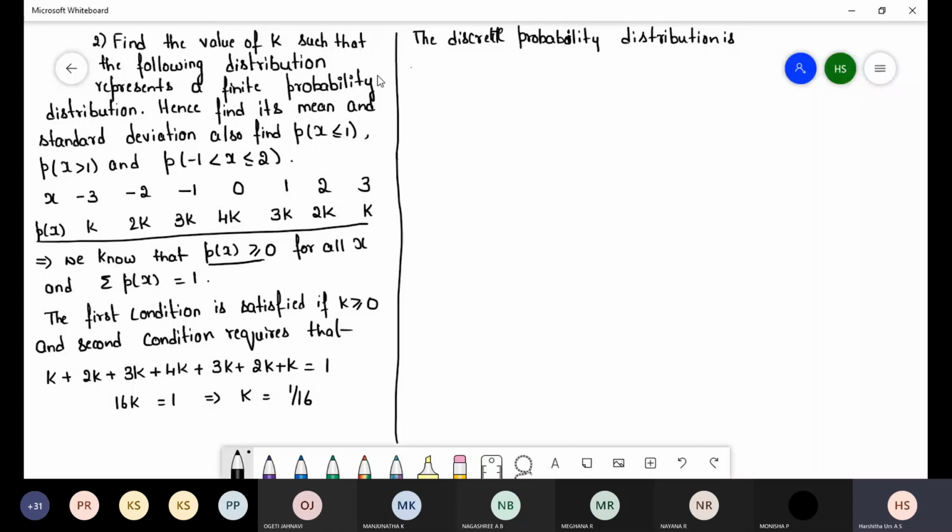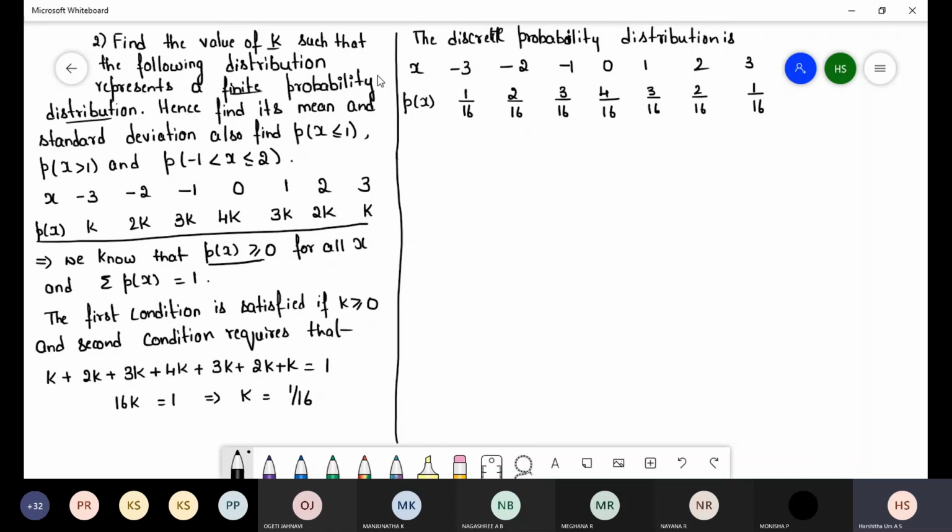The x values stay the same: −3, −2, −1, 0, 1, 2, 3. Only in the P(x) row, wherever k is there, I write 1 by 16. So 1 by 16, 2 by 16, 3 by 16, 4 by 16, 3 by 16, 2 by 16, 1 by 16, because we got k as 1 by 16. After finding this table, we have completed finding the value of k and the substitution into the distribution.